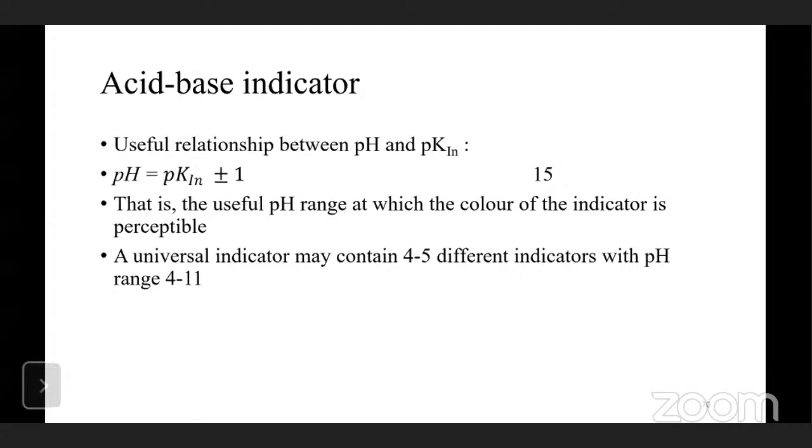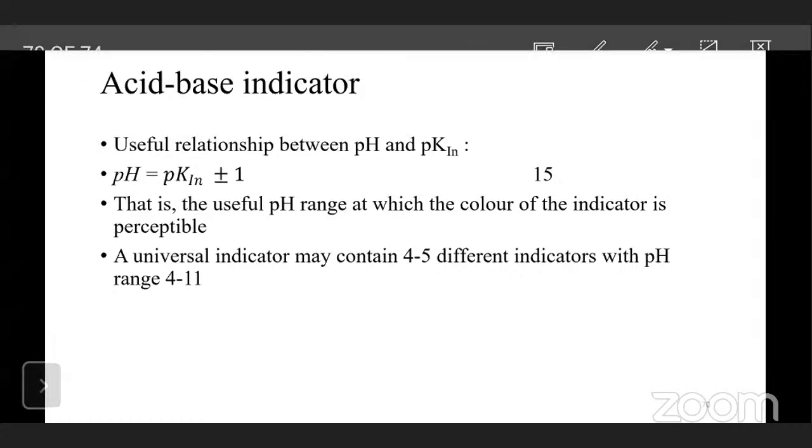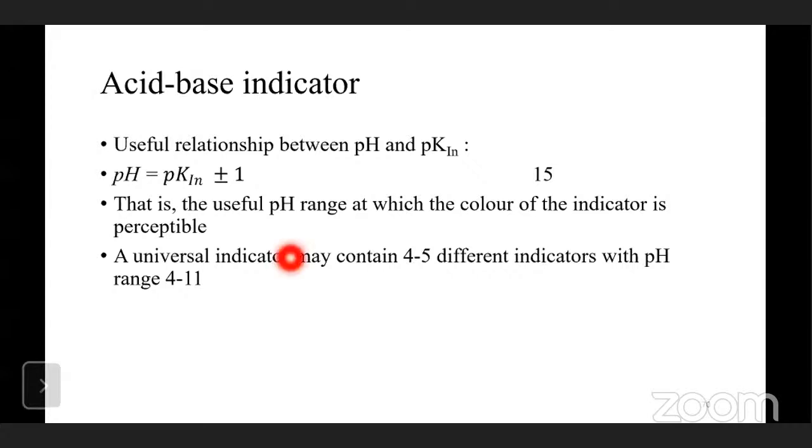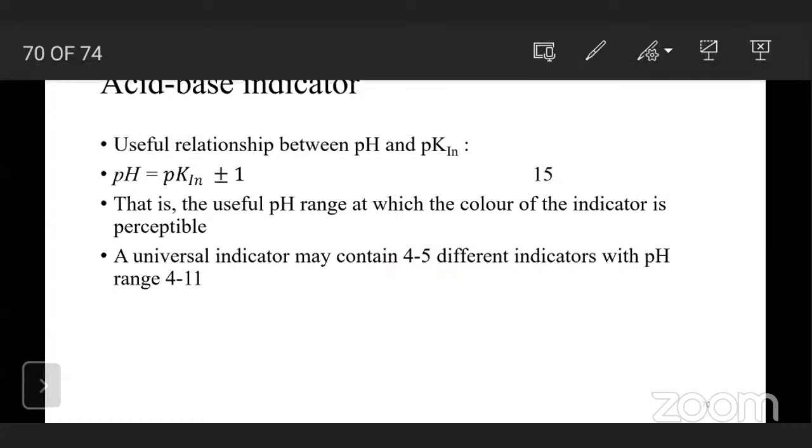We have another concept that we call a universal indicator. A universal indicator will contain 4 or 5 different indicators with different pH ranges. Maybe you have methyl orange, and you know the pH range; we'll look at that in table 2.